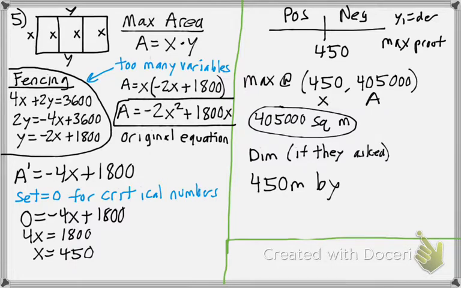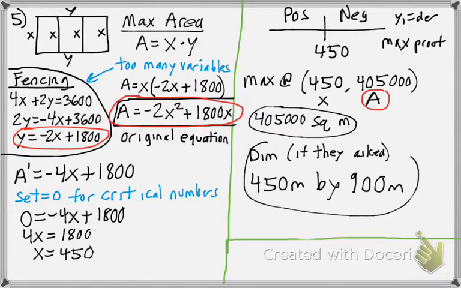So again, I plugged the 450 into A in order to get A. I'm plugging the 450 into the y equation to get y, even though they don't ask me to. So this would be 900 meters. And that'll be our answer.